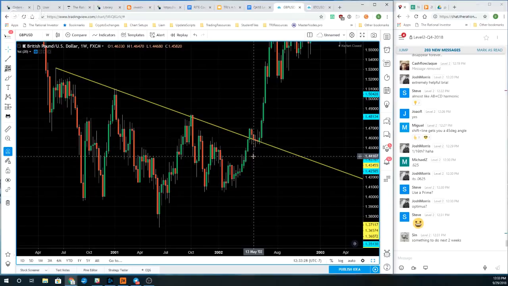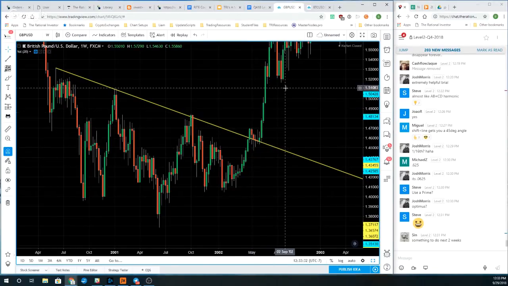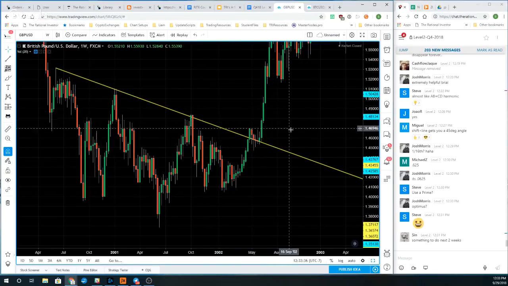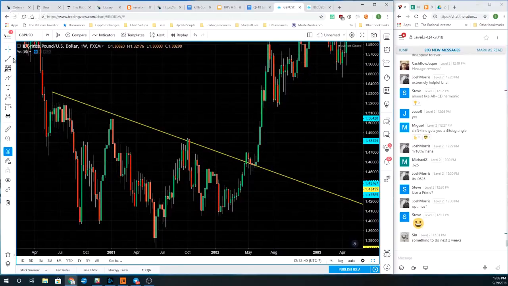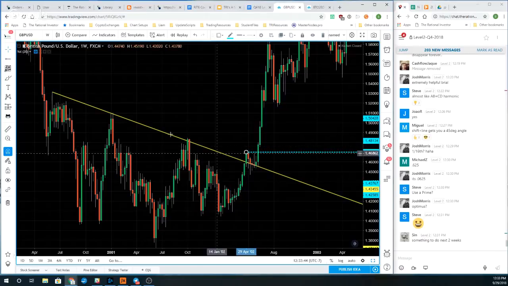And then it came washing below it, and then back above it, and then back below it, and then it took off. And of course, our simple trade rule, Leanne James, is we cannot take a trade unless we see structure on the other side of the trend line.